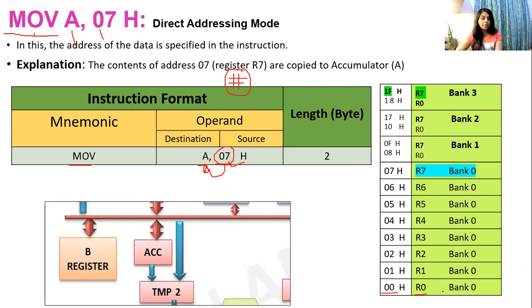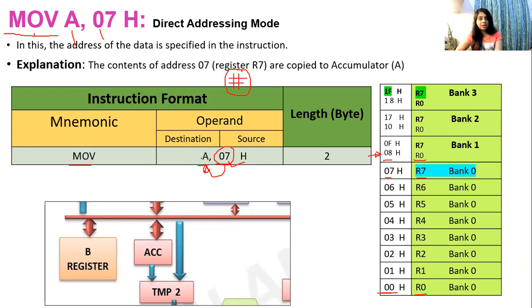Like R0 of bank 0 has address 00, R1 has 01 and so on, and register R7 has address 07. Now the R0 register of bank 1 has address 08. Even if the names of registers are similar, still every register has a unique 8-bit address. The addresses are not repeated.